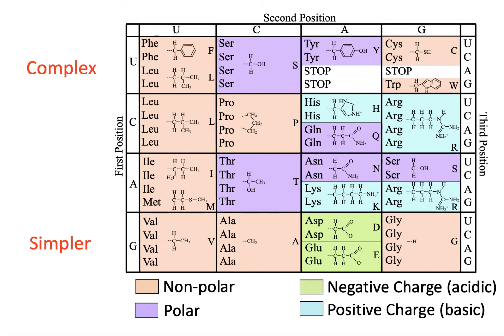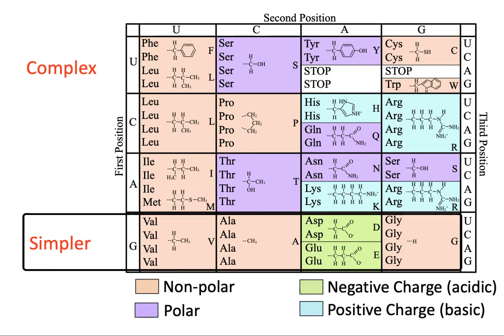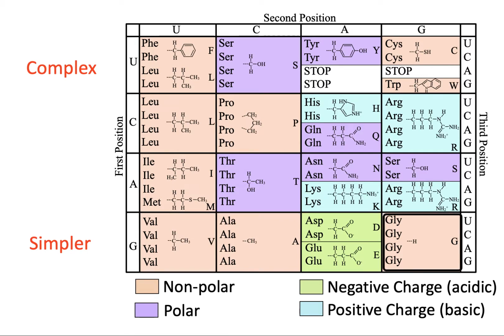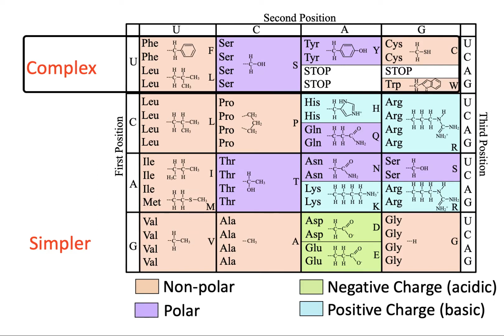So if we have a bit more detail in the genetic code here, showing also the structure of the R group in each one of the amino acids, then if you go from the bottom of this genetic code to the top, you find that you have simpler molecules on the bottom, glycine being the simplest, just having a hydrogen, and then alanine having a methyl group, and valine having an ethyl group, etc. And then going up to the top where you have more ring structures and generally more complex molecules.